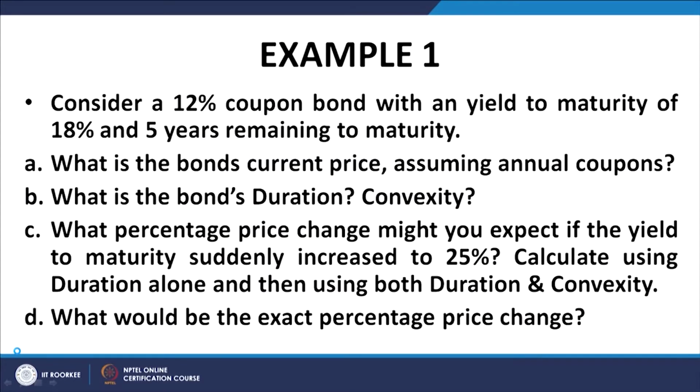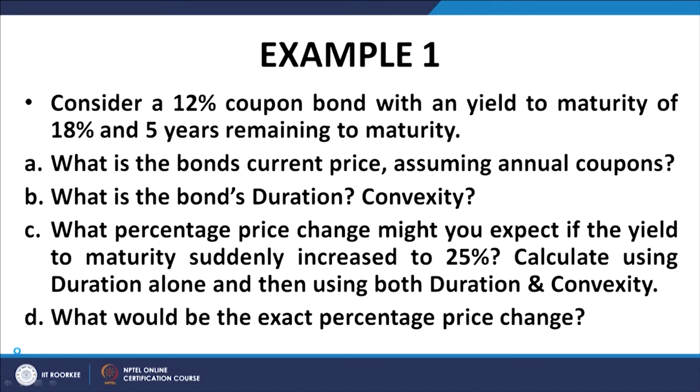Let us illustrate this by an example. Consider a 12% coupon bond with a yield to maturity of 18% and 5 years remaining to maturity.